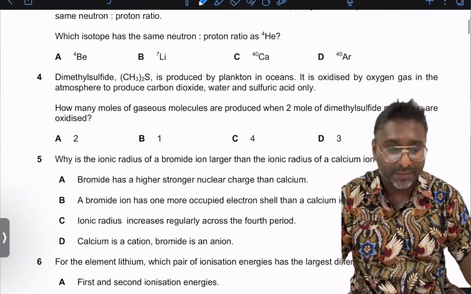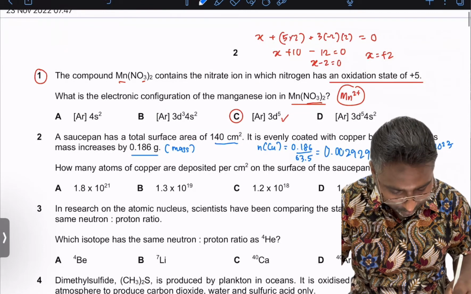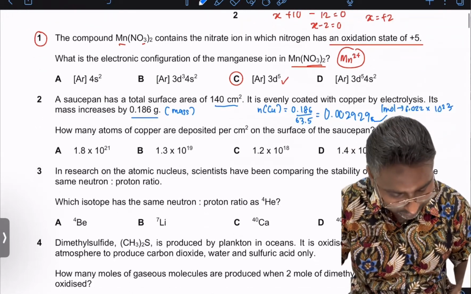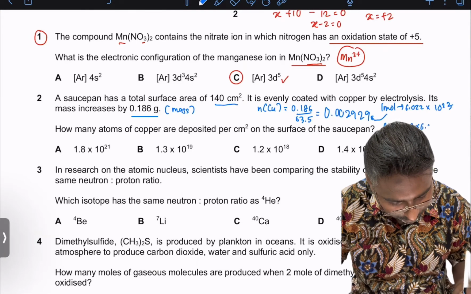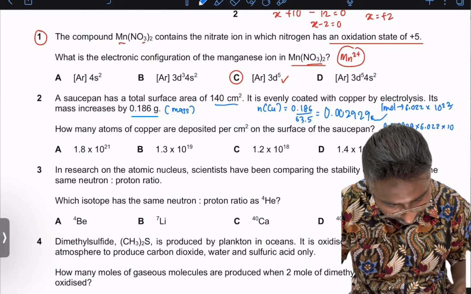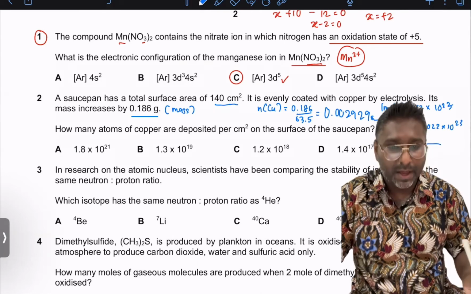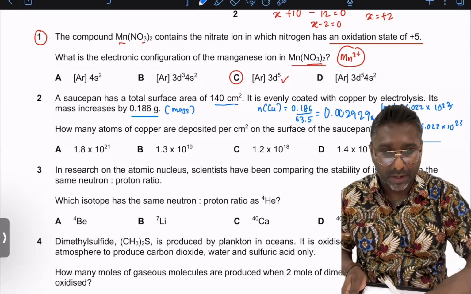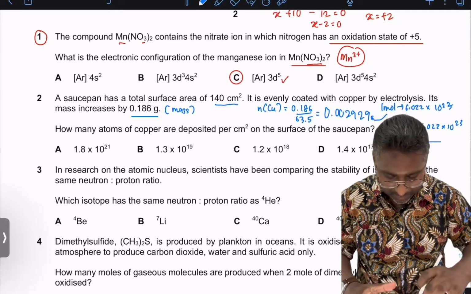So you are going to look for this number of moles, and what we need to do is times 0.002929 by 6.022 times 10 to the power 23, to find out how many atoms of copper we have.